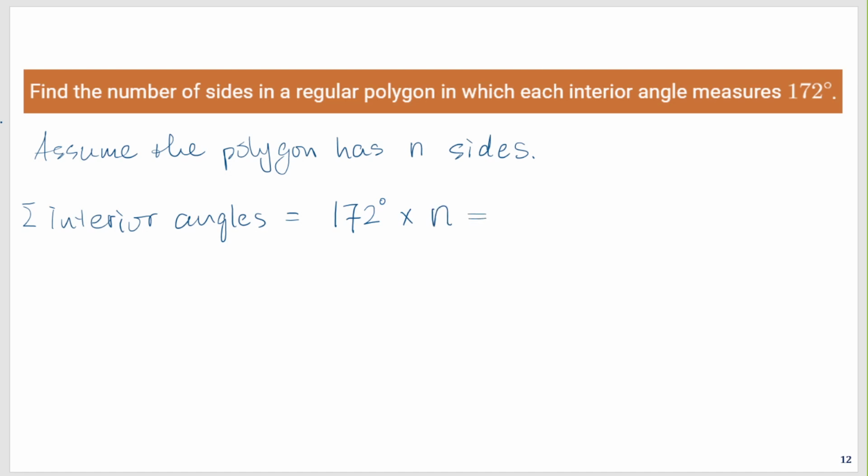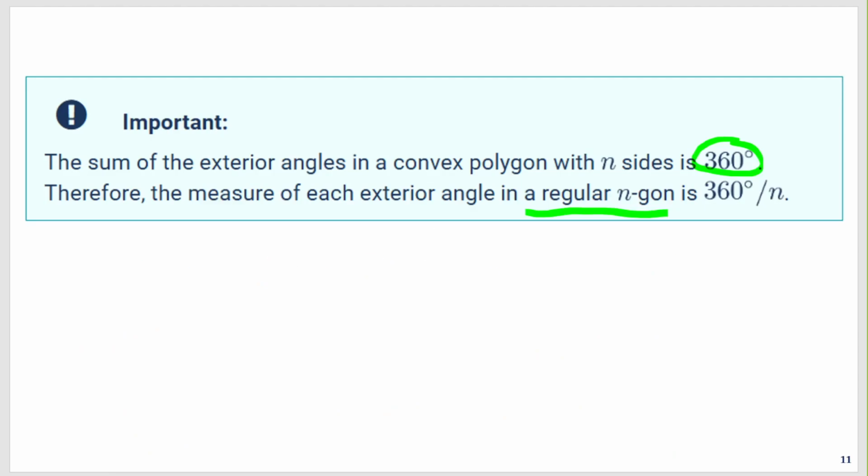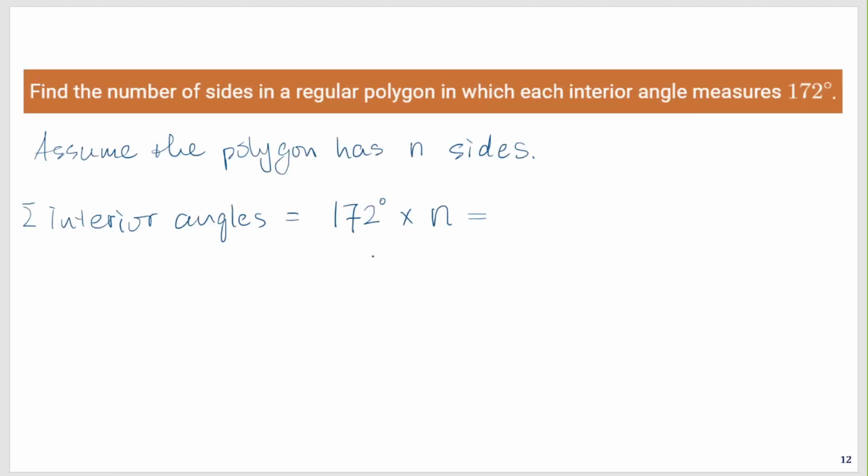And we also have a formula showing that the sum of the n interior angles in an n-gon is 180 times n minus 2, right? So on the other hand, we have n minus 2 times 180 degrees here, right?